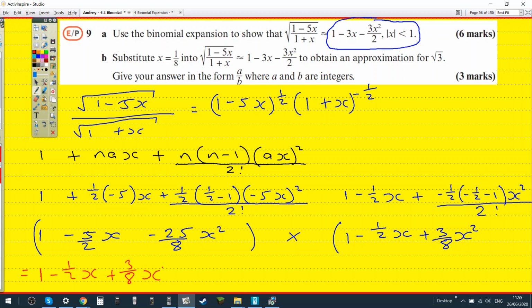Yep. Minus 5 over 2x. And then plus 5 over 4x squared. Mm-hmm.